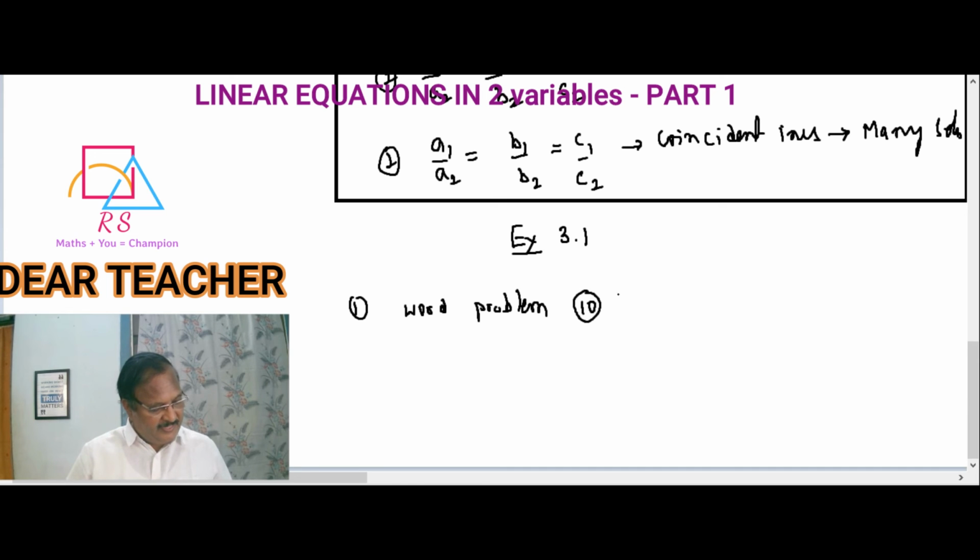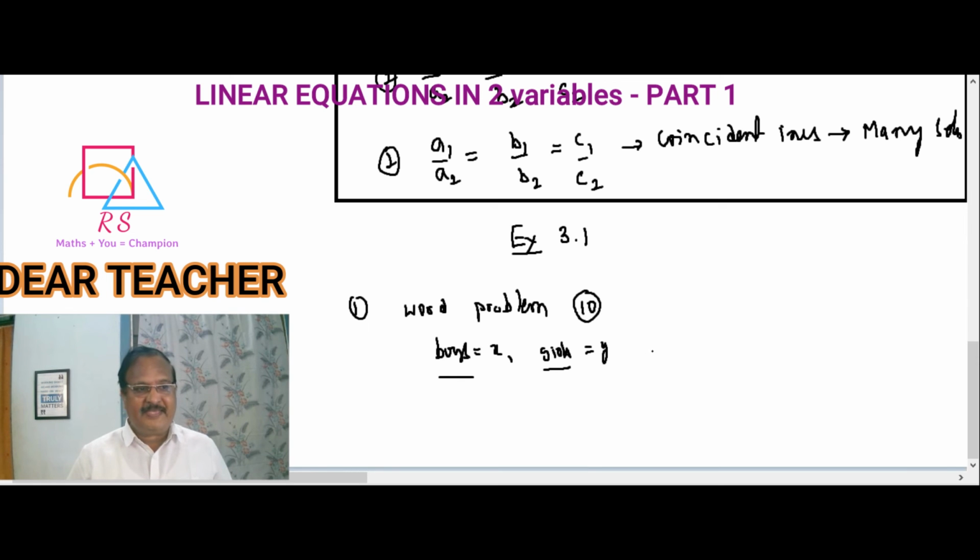If the number of girls is 4 more than the boys. So for example, boys X and girls Y. Because we don't know how many boys and how many girls there are, that is why there are 2 variables. Number of boys is 1 variable, number of girls is 1 variable.